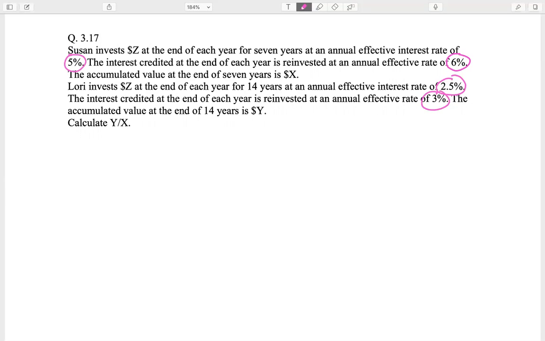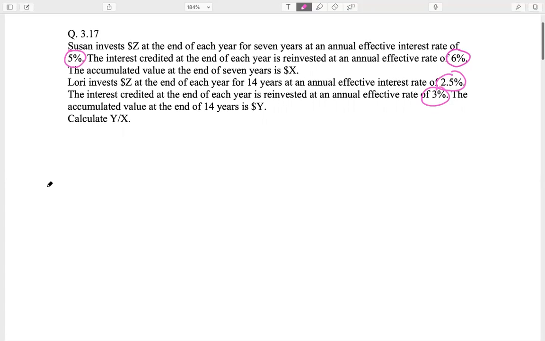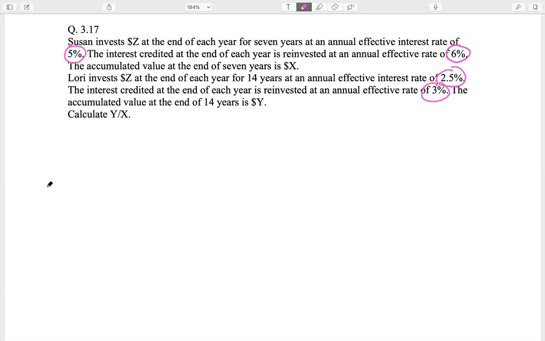By the end of 14 years, the account value is Y dollars. We want to calculate Y divided by X. So basically, we will need to calculate X and Y, and then take the ratio. But before we solve this question, let me use a relatively simple case to demonstrate how principal and interest each grow over time.